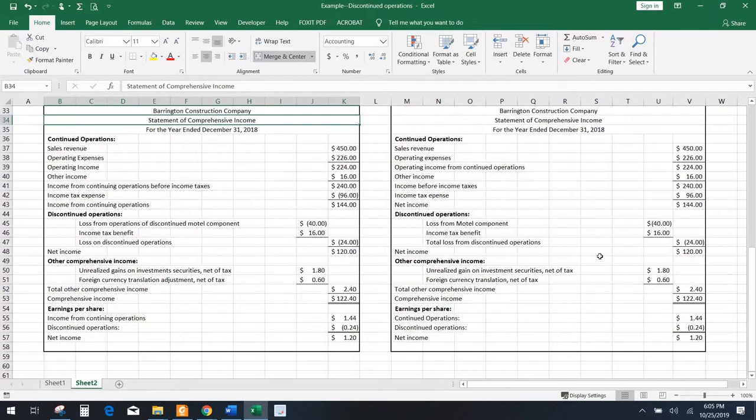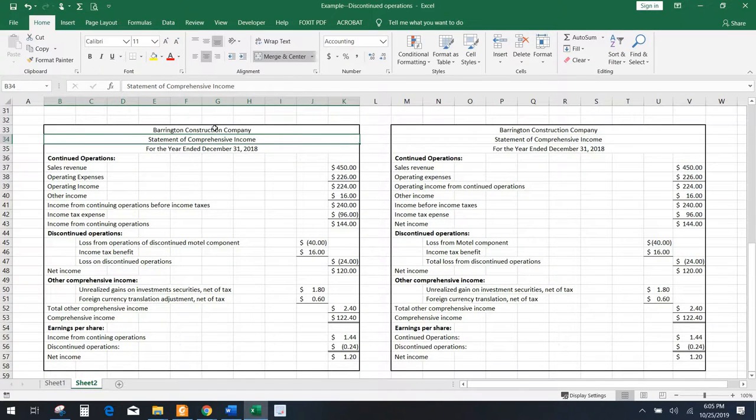So we have the heading and continued operations, sales revenue 450, operating expenses 226, operating income from continued operation 24, other income 16. These are all given. Income from continued operations 1, and then income tax expense. I minused these, so there's no need for me to put that parentheses there.